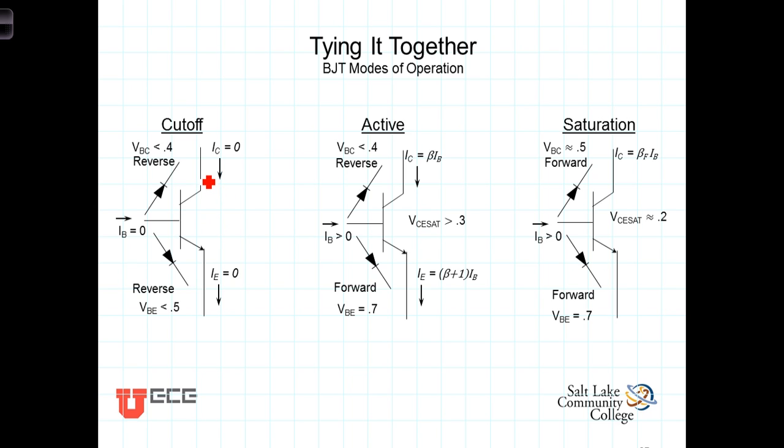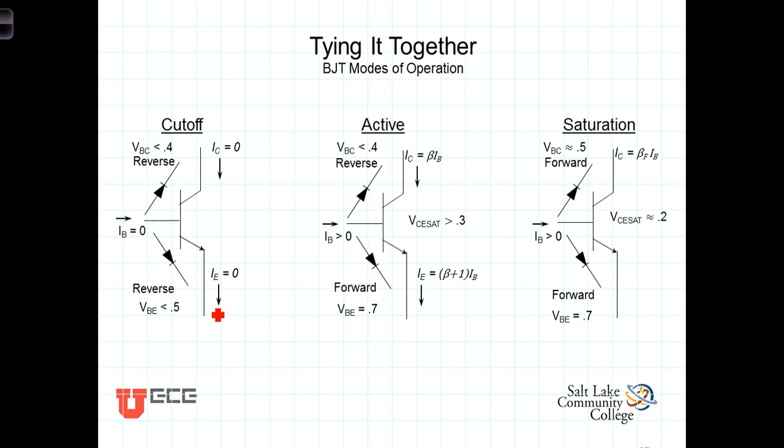So again, we've got the collector, the base, and the emitter, and the relative voltages at these terminals determine which of the modes the transistor is operating in. When VBE is less than some value, in the book that we're using nominally less than about half a volt, this PN junction is reverse biased, and no current is flowing through the transistor.